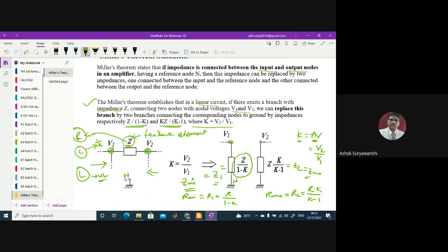So if it is impedance, then ZMI is Z upon 1 minus K, and ZMO is Z into K upon K minus 1.